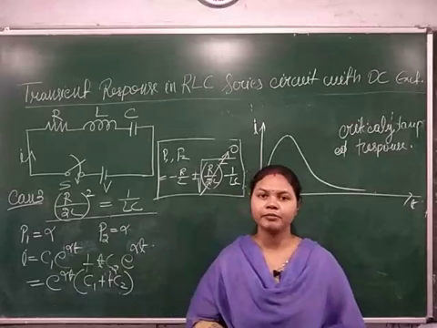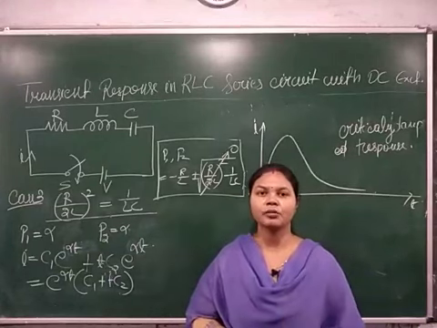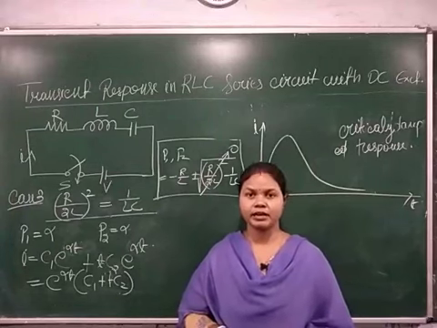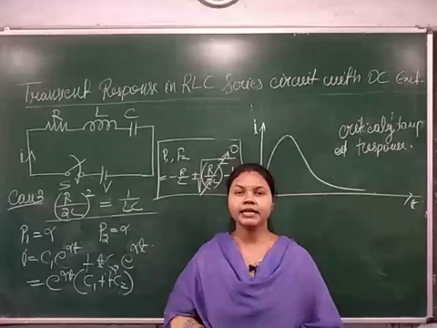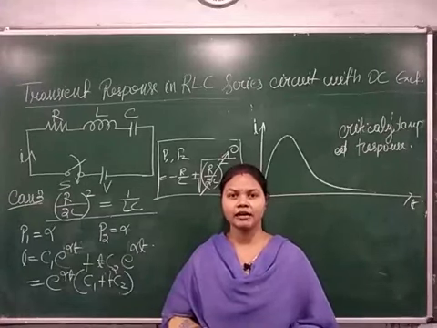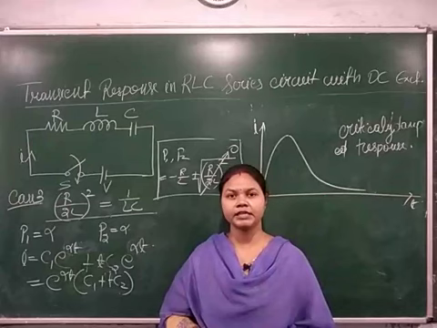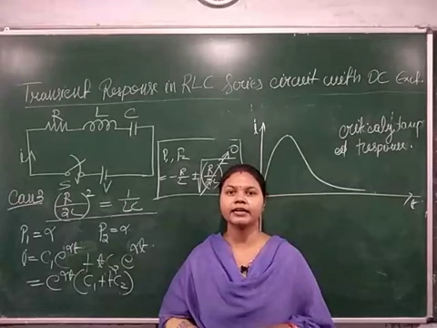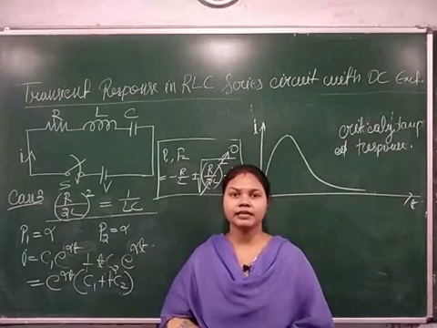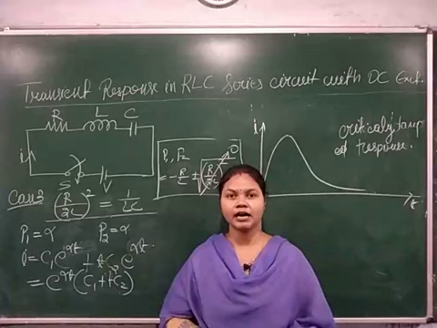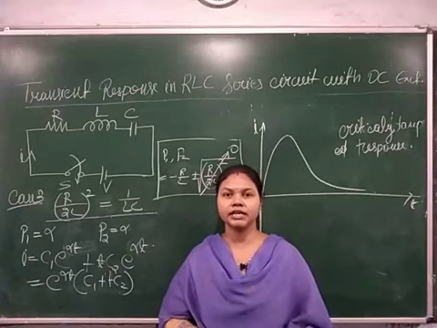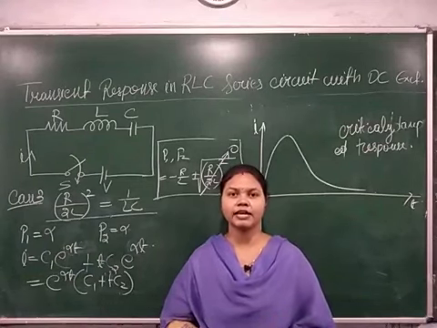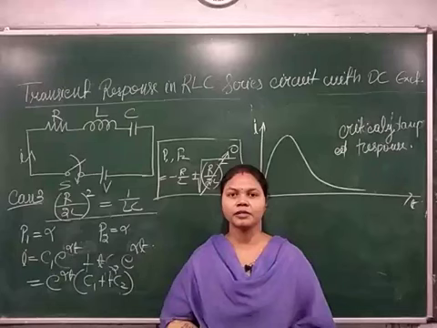In the overdamped case, the two roots you get from the linear homogeneous equation are real but unequal, and in the second case the two roots are complex conjugates of each other, and the response is called the underdamped response. In the third case, when the two roots are exactly real and equal to each other, the transient or output response is called the critically damped response of the system.